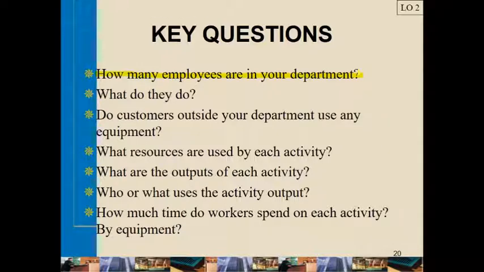So, with this question, we can assume that the activity consumes labor. Diba? Kaya naman, ang ipangutan naman niya is ang imuhang number of employees. So, it correlates to your labor resource.